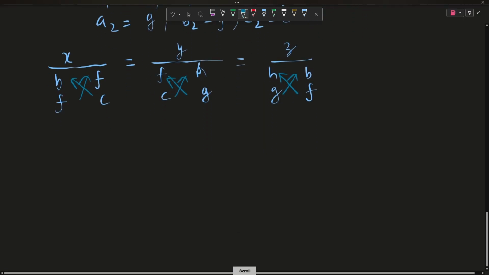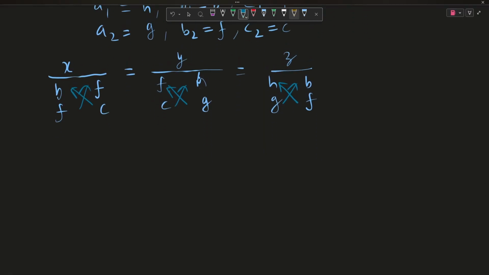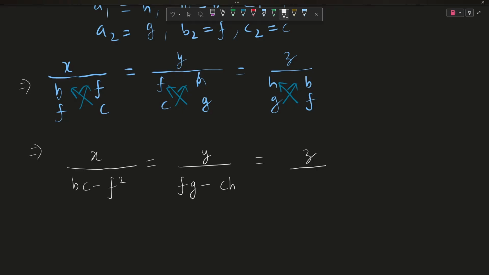So this will become x upon bc minus f square is equal to y upon fg minus ch is equal to z upon hf minus bg. We will name it as our equation number 2, right?